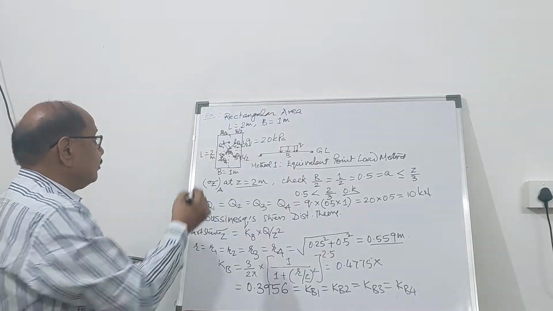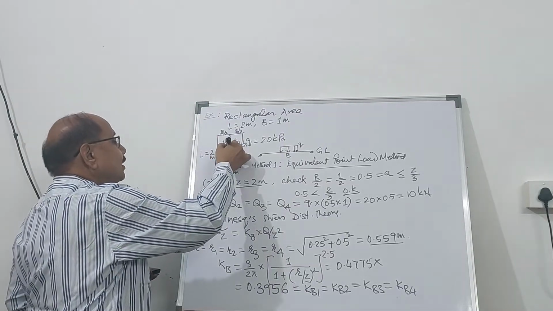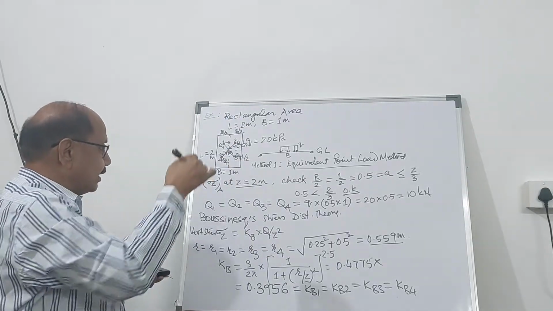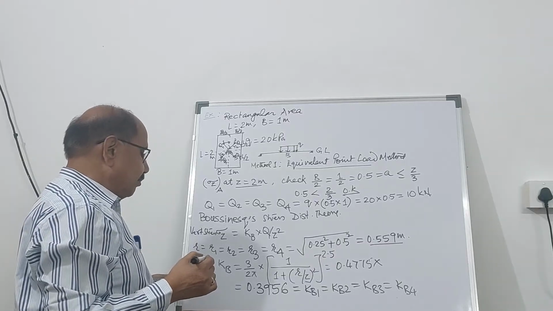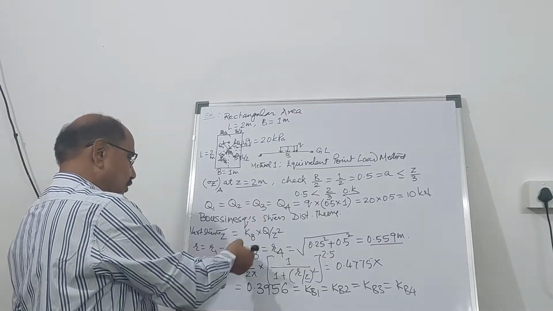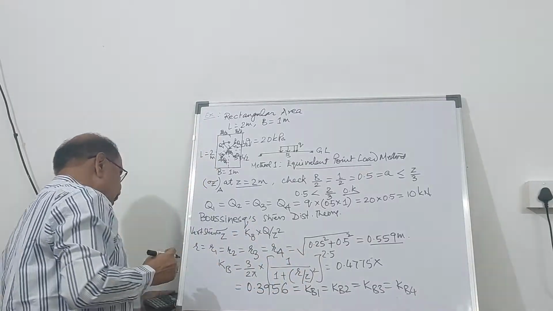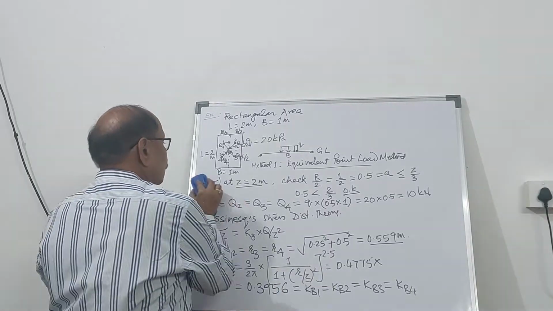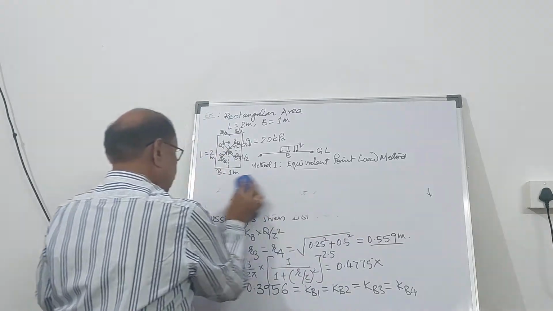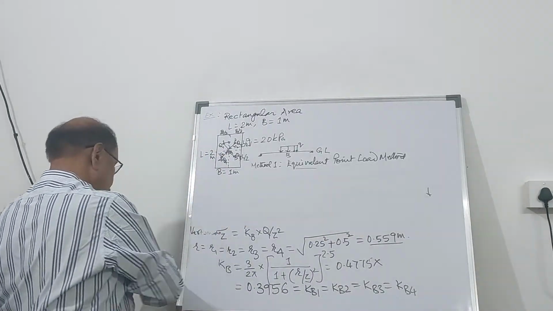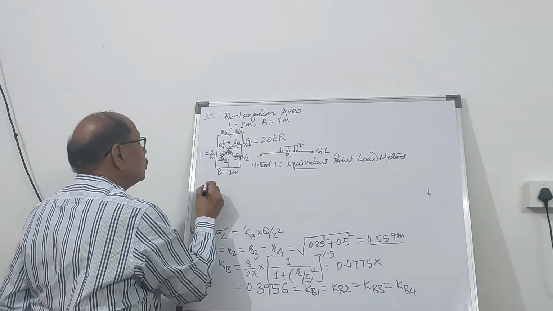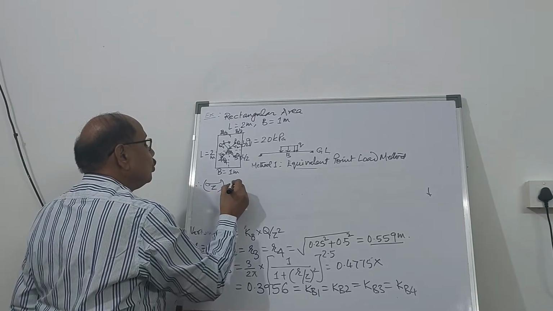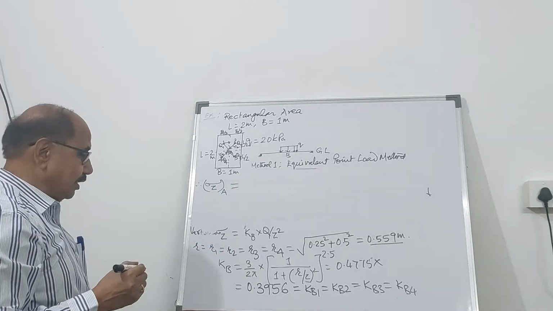Now the vertical pressure just at the midpoint of the rectangularly loaded area at the surface, at a depth of 2 meter, will be given by this expression for sigma z. Therefore, let us find out the value of sigma z below point A at a depth of 2 meter.